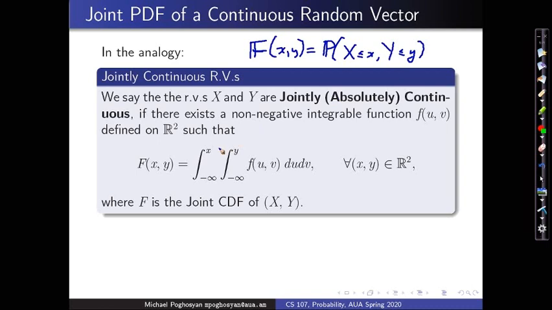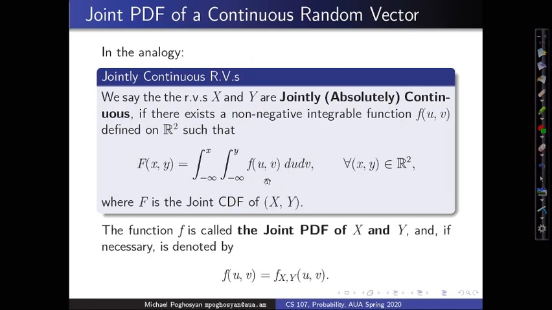So if we can write this function in the form of this integral, then we say that random variables X and Y, or which is the same, random vector (X, Y), is jointly continuous. Okay, and we are calling this small f to be the joint PDF of X and Y.